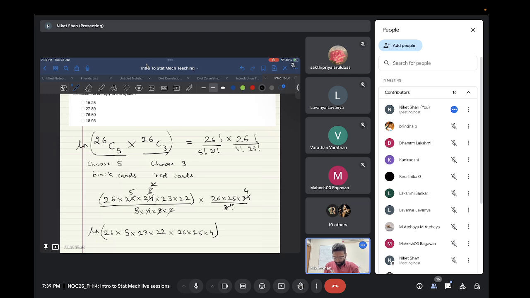Just a moment. 26 into 25 into 23 into 22 into 26 into 25 into 4. It's a huge number, of course. And ln of this number, ln. That gives me 18.95 as the answer.